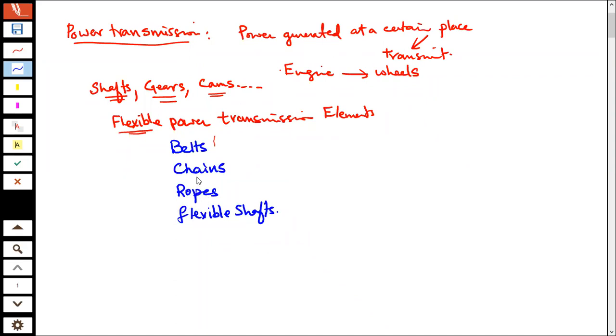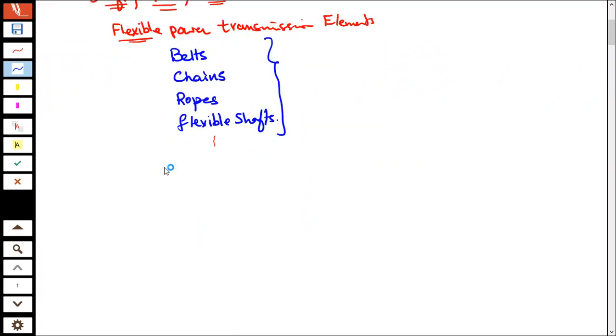Okay. Now, why do we use flexible power transmission elements? Because they have some advantages. What are the advantages of these elements?